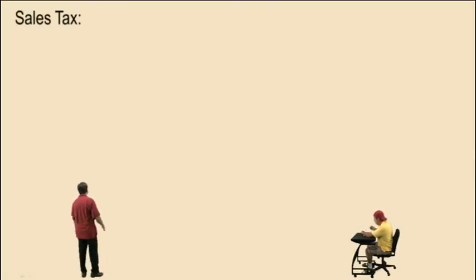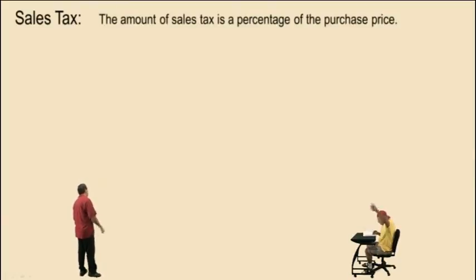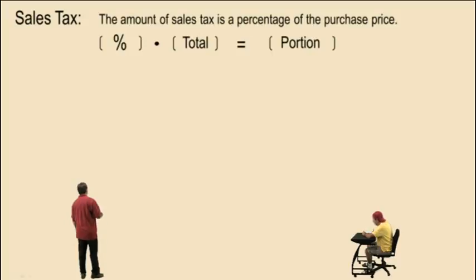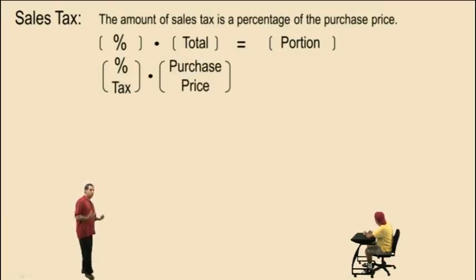Right there, sales tax. The amount of sales tax is a percentage of the purchase price. Remember, purchase price represents the price that's shown on the price tag. Let's go back to our structure. Percent times total equals a portion. The percent is the percent sales tax. The total is the purchase price, the price on the price tag.